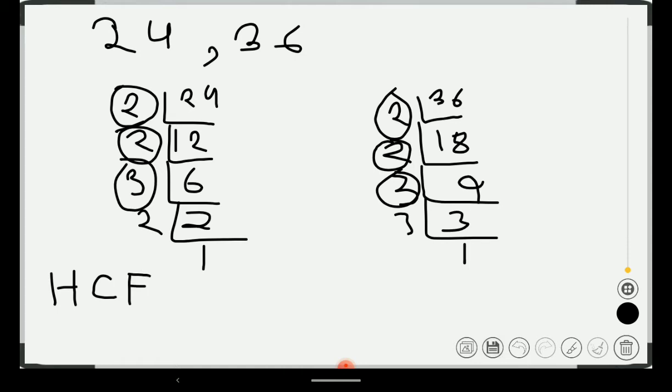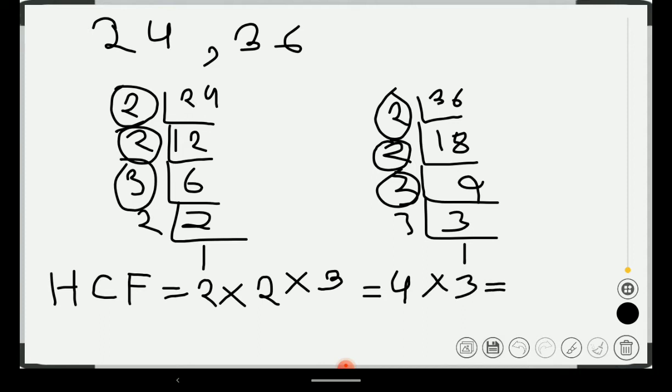HCF is equal to 2, take one 2 from here, then take another 2 from here, and then take a 3 from here. So that is 2 into 2 is 4, and 4 into 3 is 12. So their HCF, you will write, therefore HCF is equal to 12. You might take a screenshot of this also for better understanding.